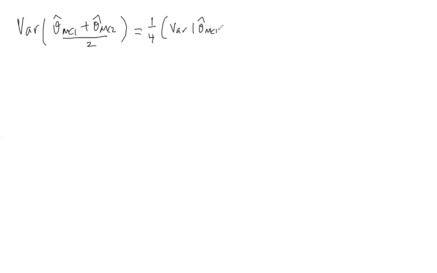Variance of this plus variance of that, and plus 2 times the covariance of the first estimator and then the second one, okay? So this is the general form, right? The thing is, because your antithetic variables are supposed to be correlated, right? They work because they are correlated.